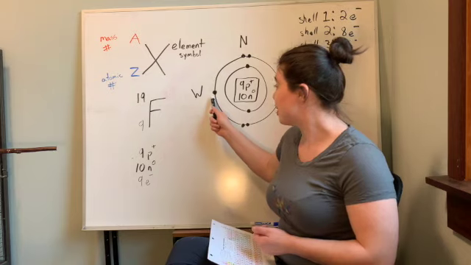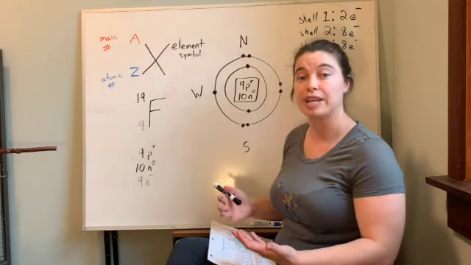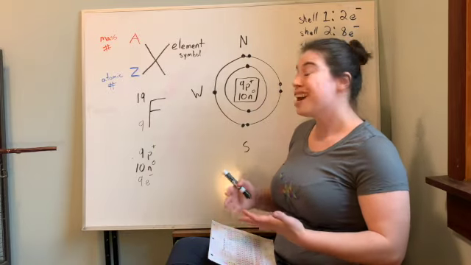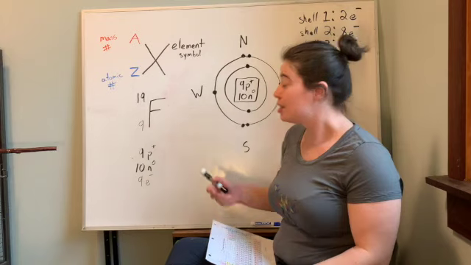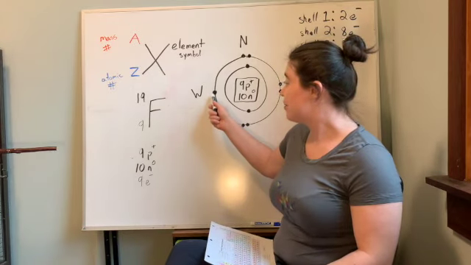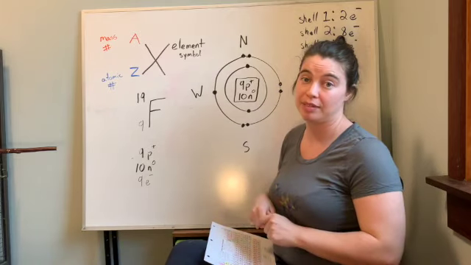So this electron right here matters a lot for the properties of an element like fluorine. When it comes to chemistry and how atoms react, these unpaired valence electrons are basically the most important thing.